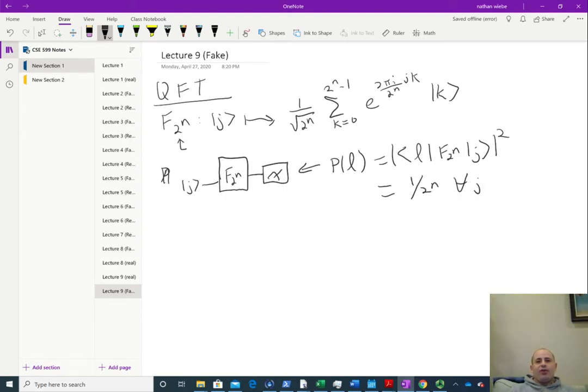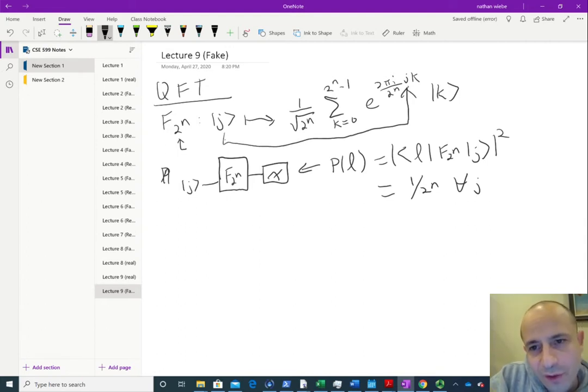So what this says is that with the Fourier transform, we take all the information which would have been in the bit string, and we move all of that information into the phases that we end up getting on this state.